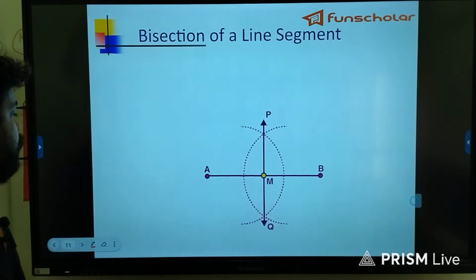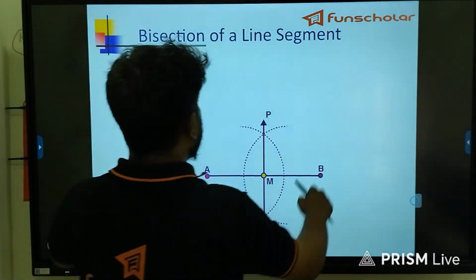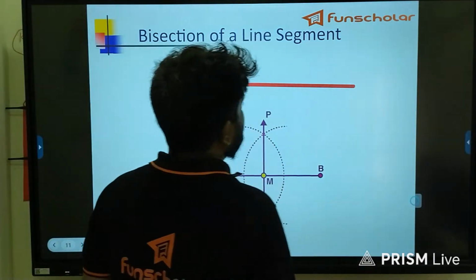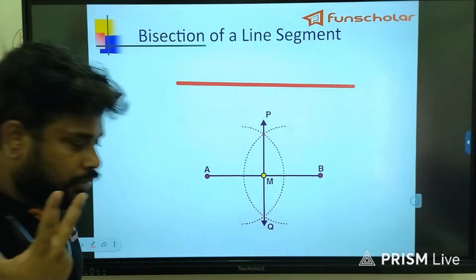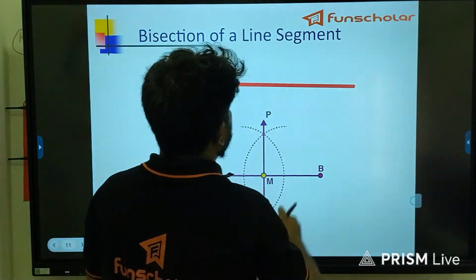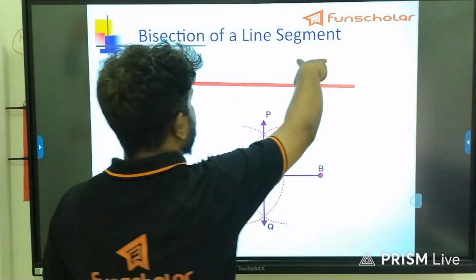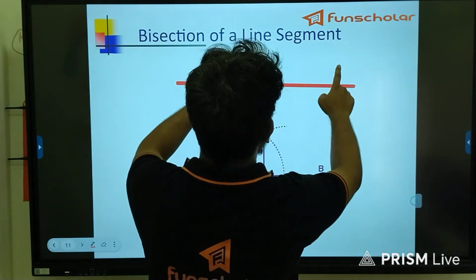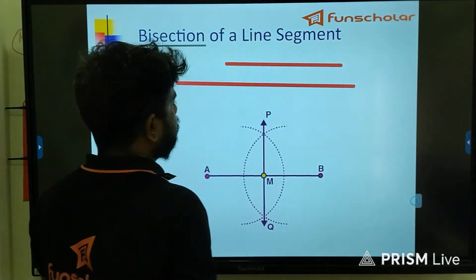We have to draw a line like this. Then by using the compass, you have to take a measurement bigger than this line.